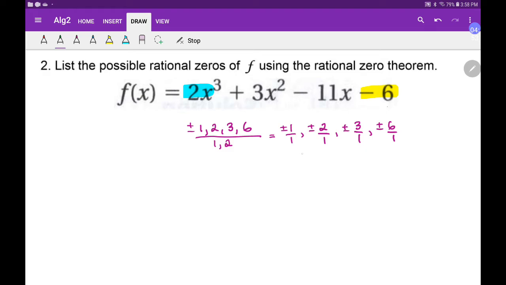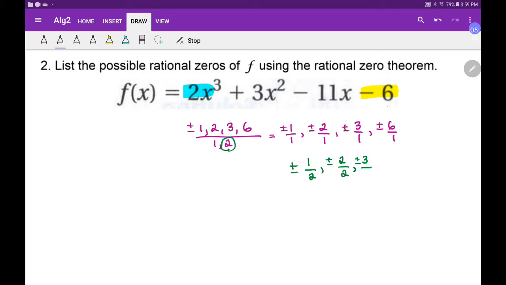What if there's a 2 on the bottom? Then I have, well, there is a 2. So we'll have plus or minus 1 over 2, and plus or minus 2 over 2. But wait, this is the same as this. I don't really need to write it again, do I? I guess I will, just to show that that's what I would do.